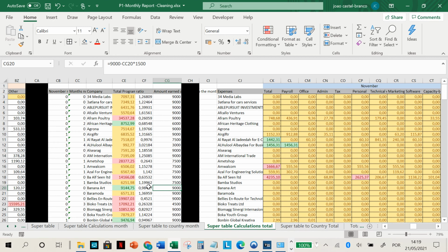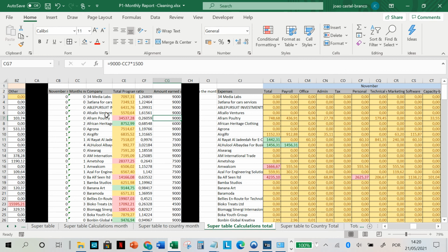The idea of the total method is how much you say you spent is here. For example, this company, FM Poultry, said that they spent almost 35,000 euro, but the maximum is 9,000, right?